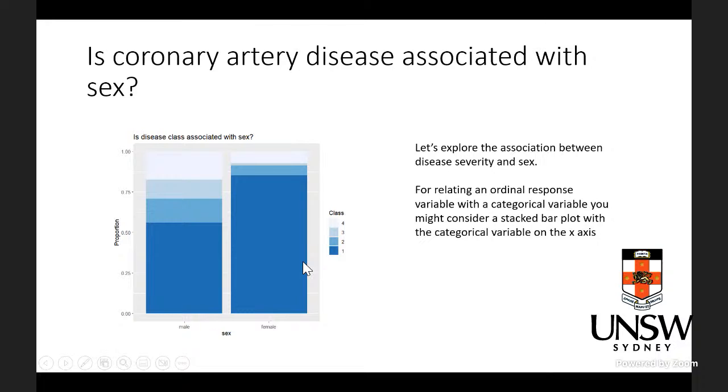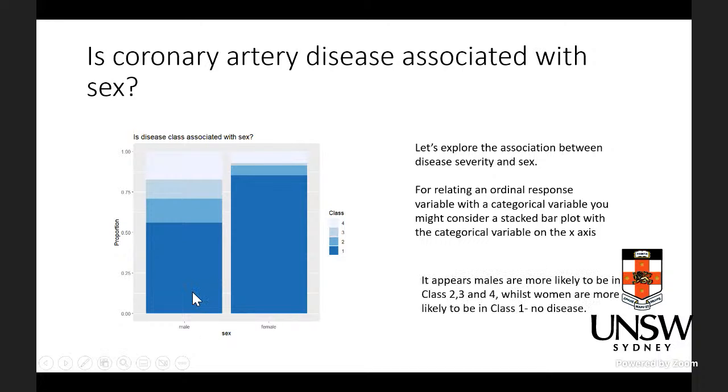One thing you can do is to plot side-by-side bar plots where the bars are stacked with the colors determined by the classes. Here you can see that it looks like males are more likely to be in classes 2, 3, and 4, whereas women are more likely to be in class 1.